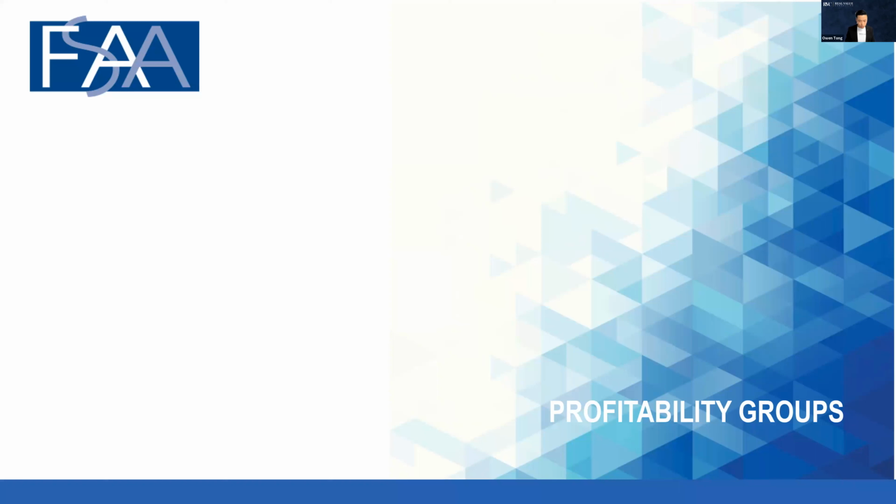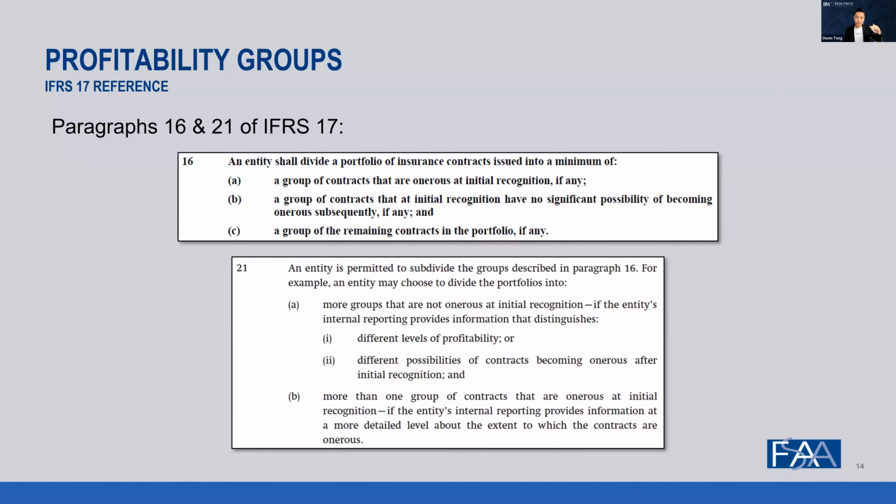And now I want to move on to the middle tier, which was profitability groups. And so IFRS 17 has, underneath the portfolio line, a requirement to then subdivide the portfolio of insurance contracts into a minimum of 3 sub-tiers.